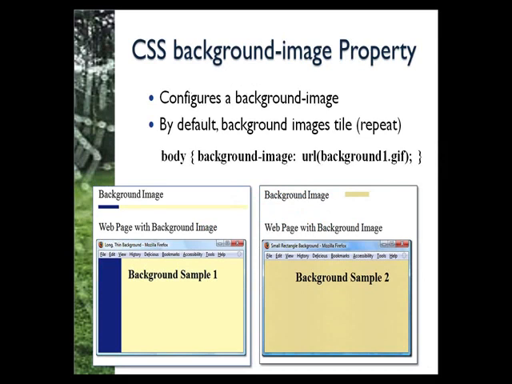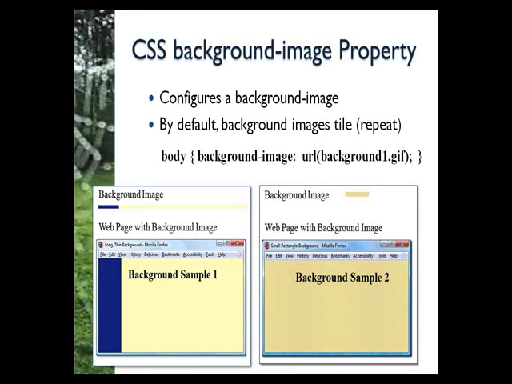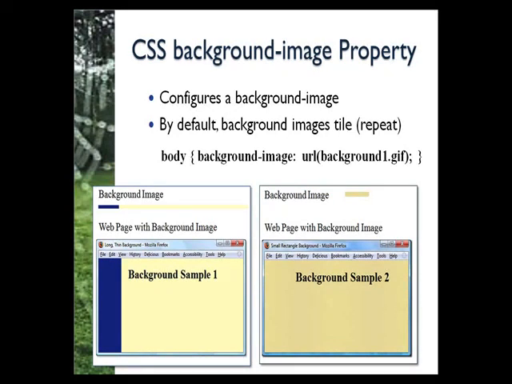Okay, in this case, we've got two different background images, and the natural state for background images is that they're going to tile both vertically and horizontally. Tiling means it will continue that same image over and over again.